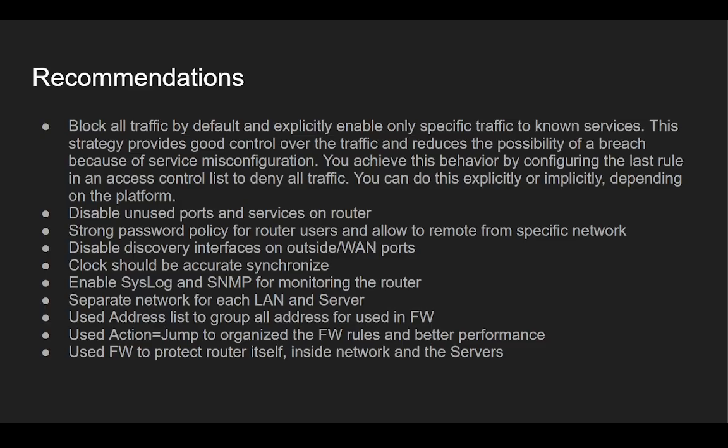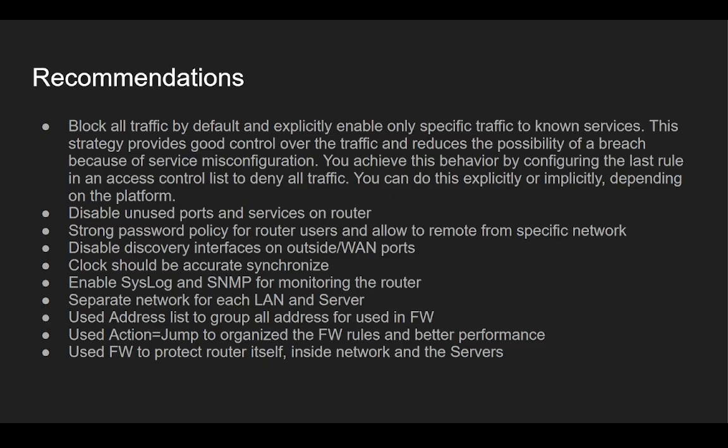You achieve this behavior by configuring the last rule in an access control list to deny all traffic. You can do this explicitly or implicitly depending on the platform. Another is to disable unused ports and services on the router, use a strong password policy, and disable discovery interfaces.